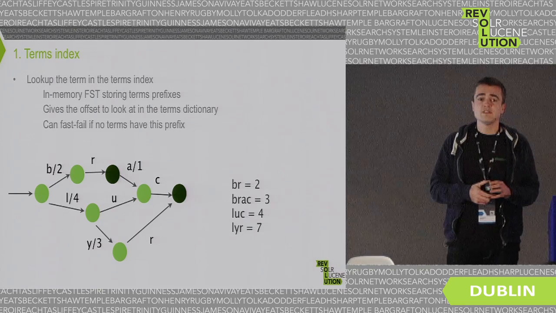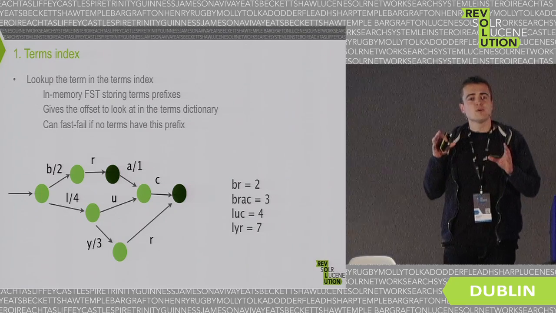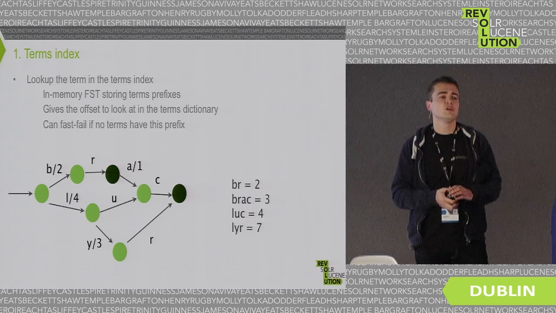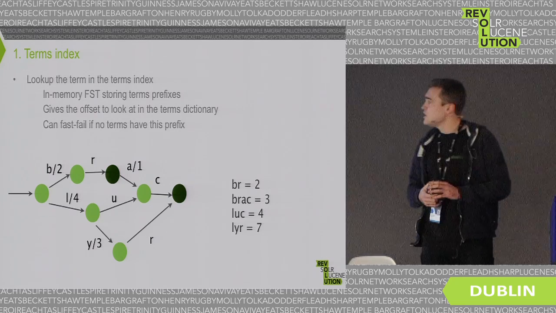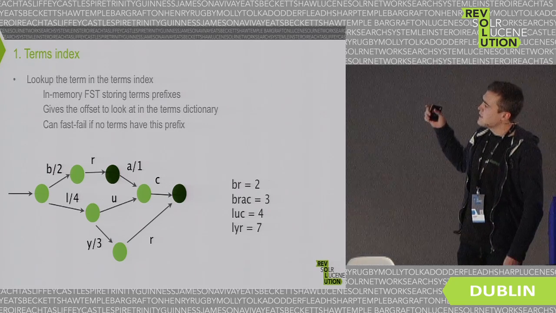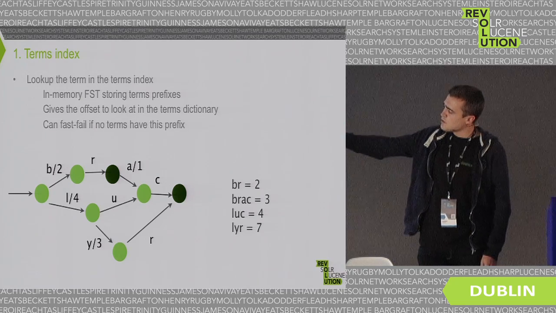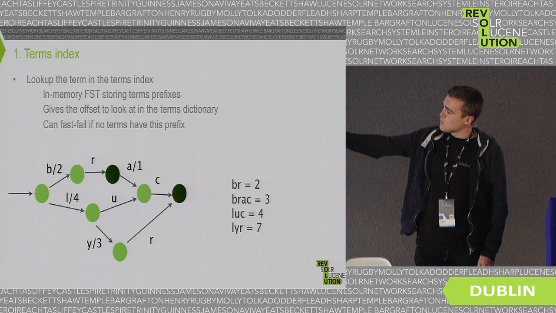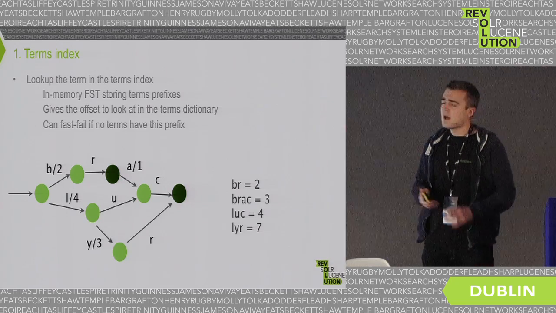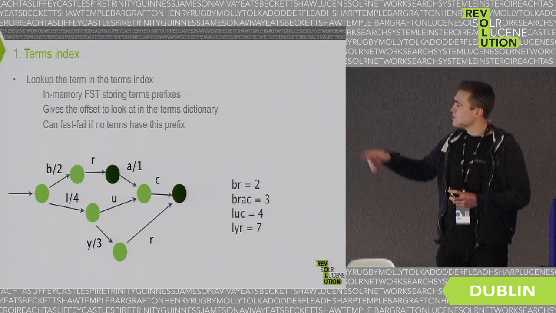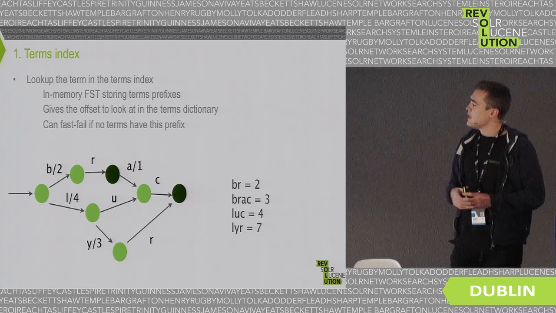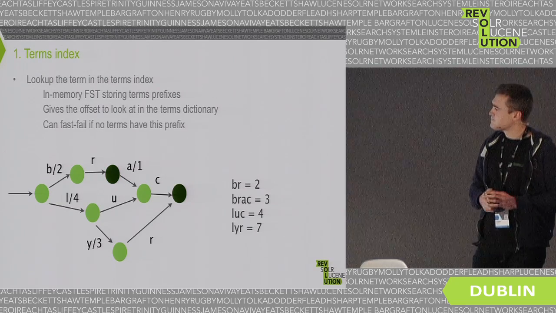This FST is in memory, and it only stores prefixes of the terms which are contained in your terms dictionary. In an FST, you have a start node, which is the one on the left with an arrow pointing at it, and you have final nodes. The final nodes are the ones in dark green.